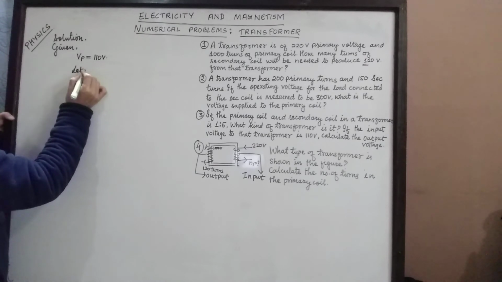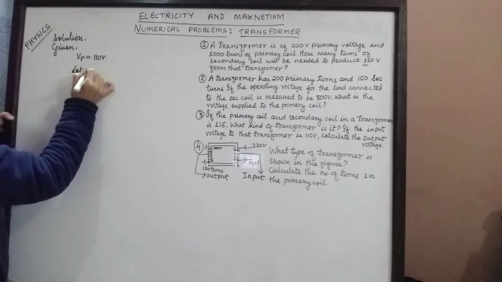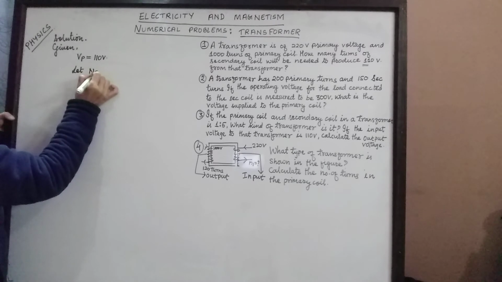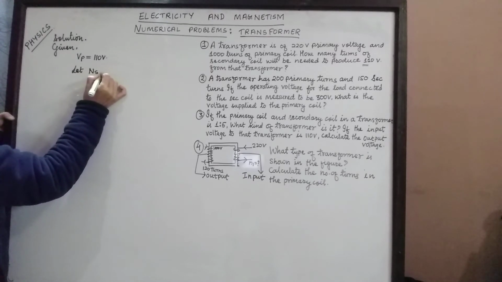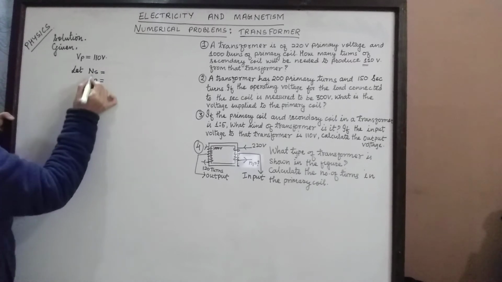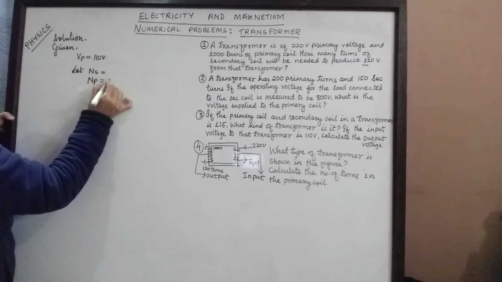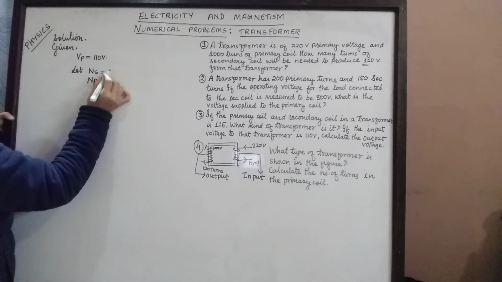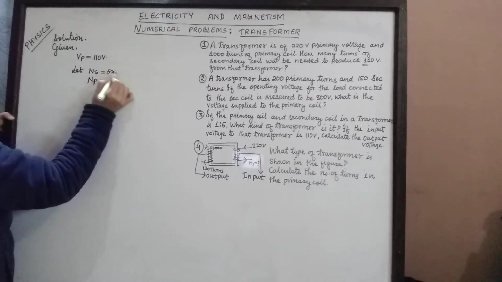Now let the number of turns in the primary coil be NP equal to 1x, and the number of turns in the secondary coil NS equal to 5x, right?